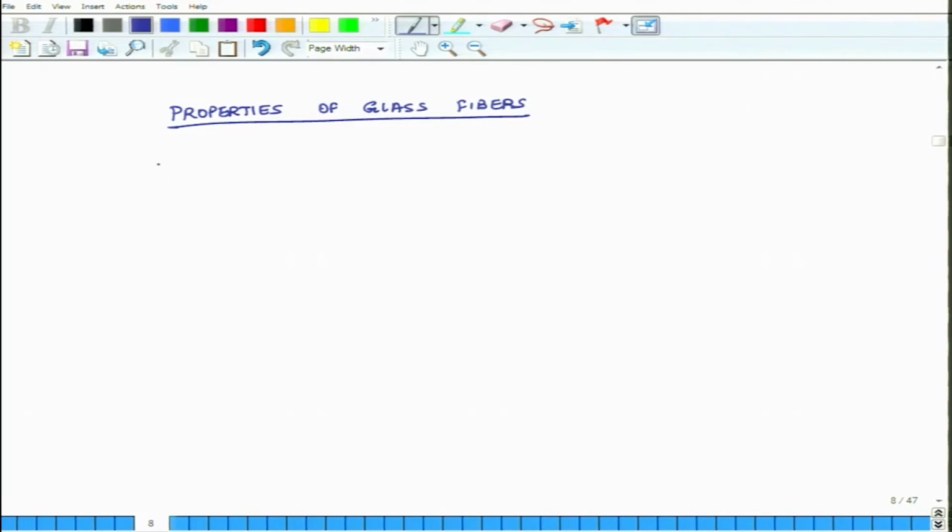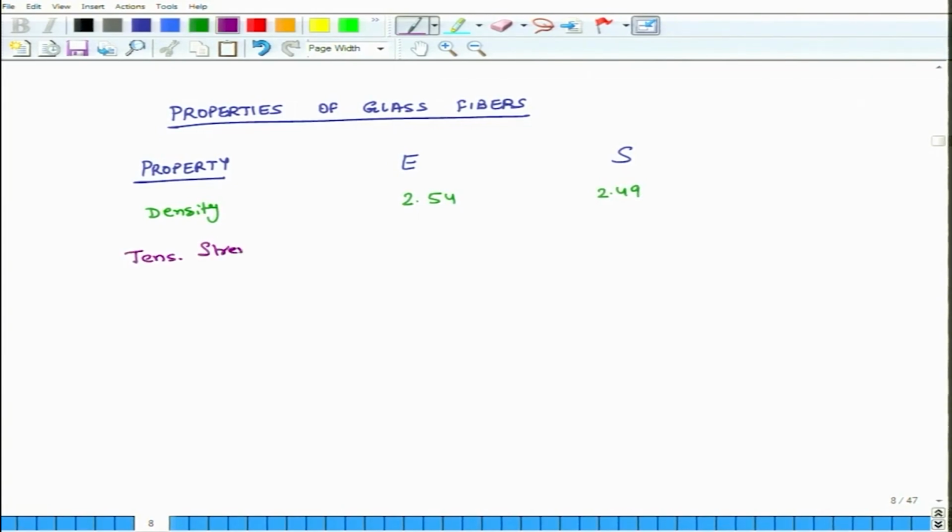Okay. So, let us look at properties, and we had said that there are two broad categories of glass fibers. Okay. So, the first one is E glass and the second one is S glass. So, let us look at density. So, density is about the same, E is a little heavier, 2.54, this is 2.49.